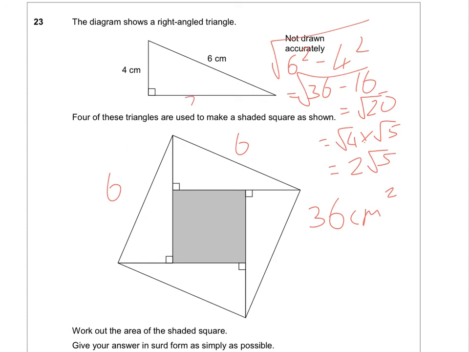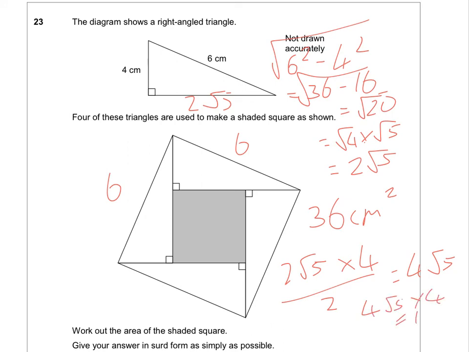The area of my triangle, now that I know the base, which is 2 root 5, is 2 root 5 times by the height, which is 4, and halved. So that means I get 4 root 5. There are 4 of those that I need to subtract, so I need to multiply this by 4. So 4 root 5 times by 4 is 16 root 5.